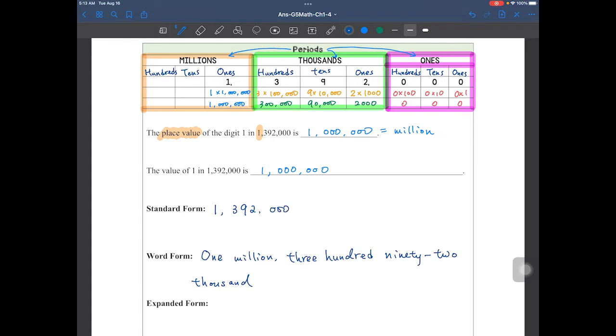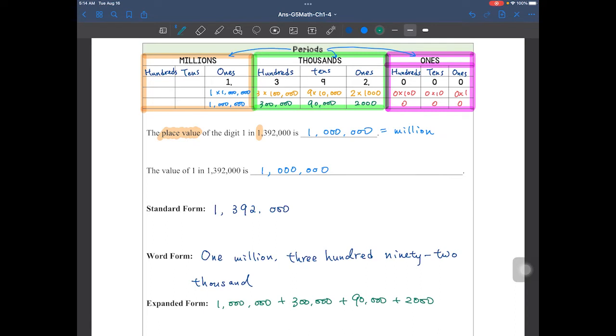The expanded form is 1,000,000 plus 300,000 plus 90,000 plus 2,000. Standard form is exactly what I write. The word form is how I read it in English.